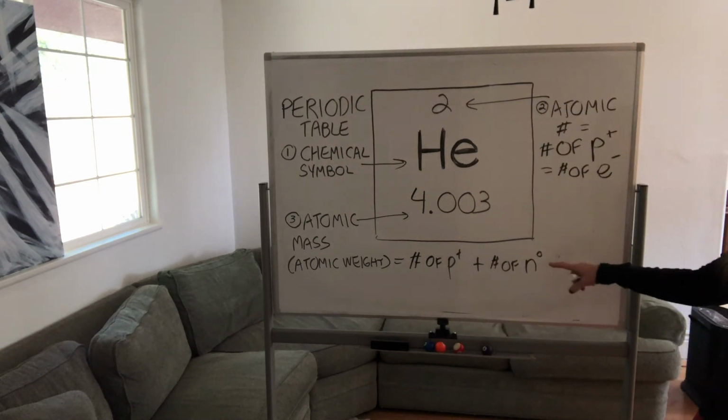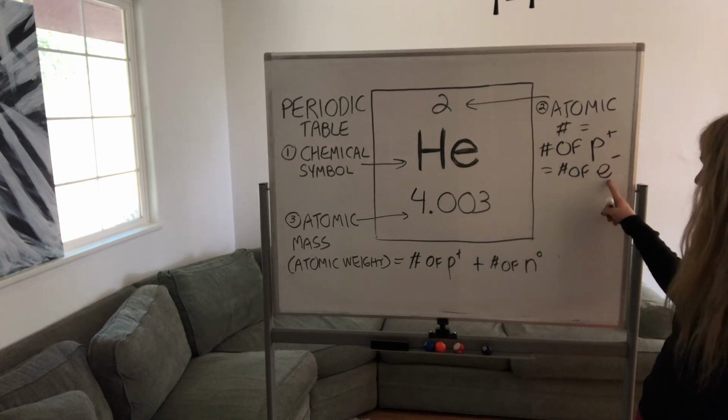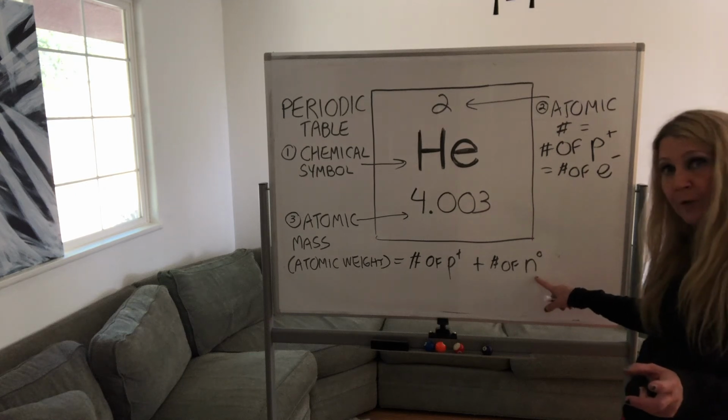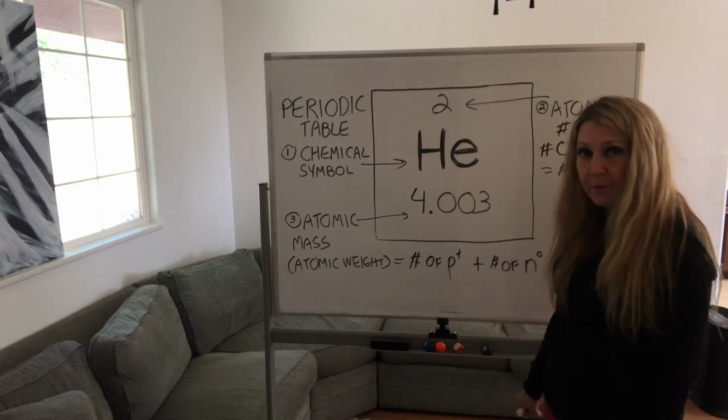So these symbols you should know. P plus for proton, E negative, electron, N 0, neutron, no charge. So these two things are the atomic weight or the atomic mass.